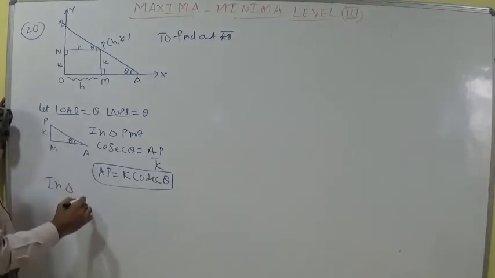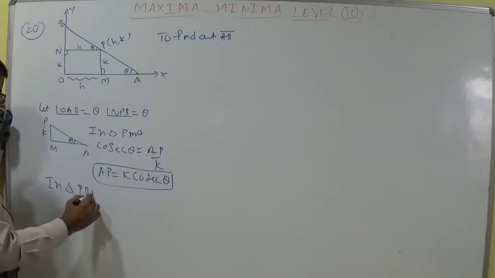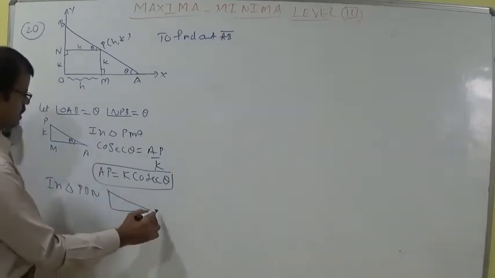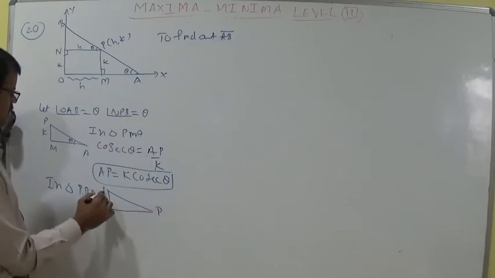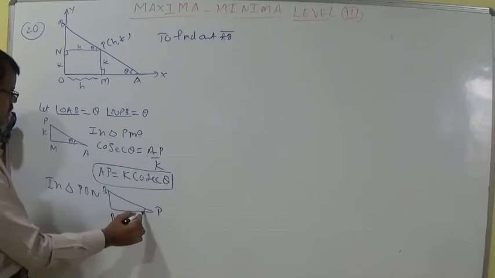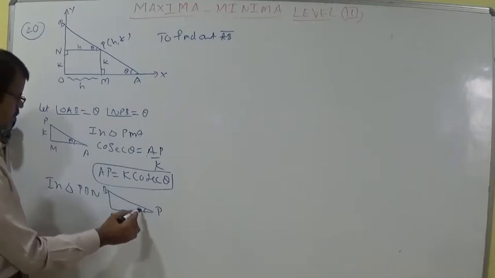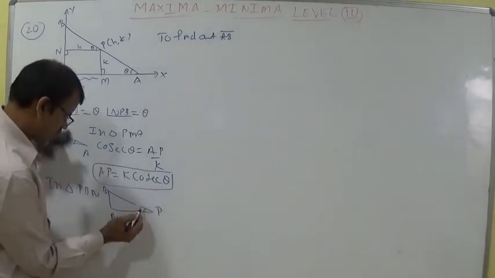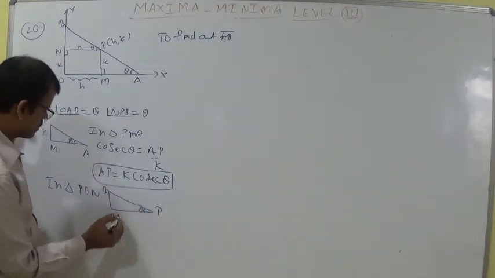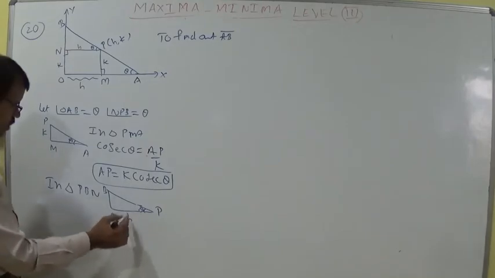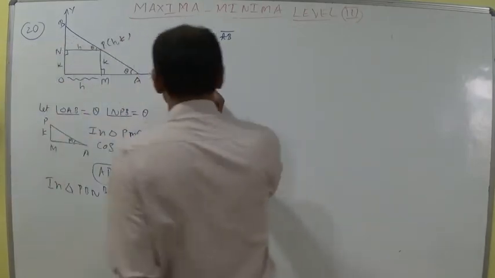Next, another triangle: in triangle PBN. Draw the diagram. Here it is P and here it is B. BP we should calculate. At P we have drawn the angle here; we should write the angle theta here. BN we don't know. NP we know.